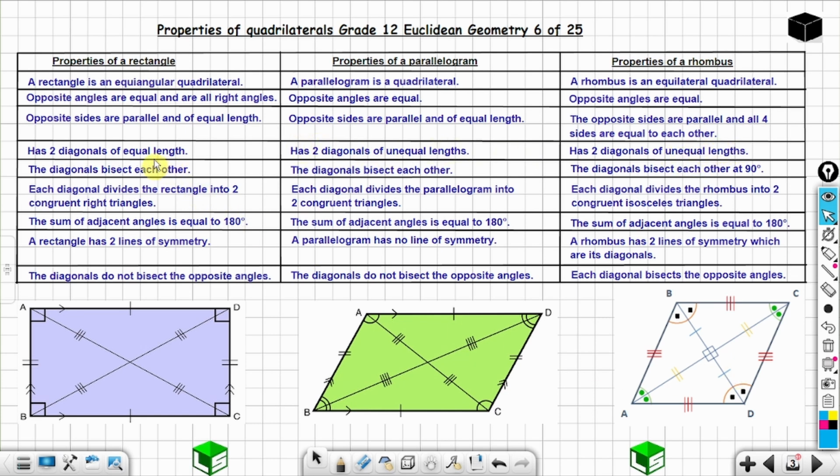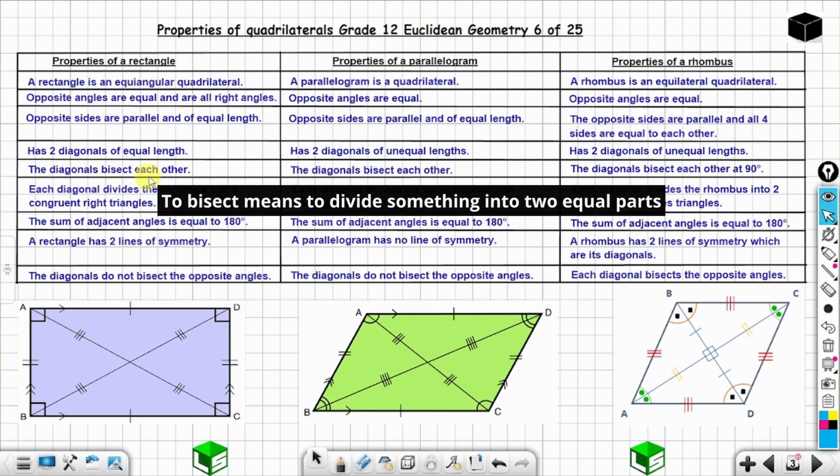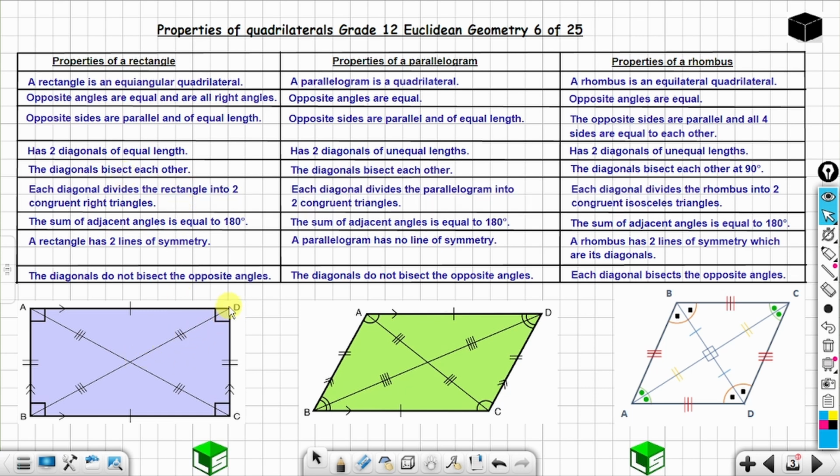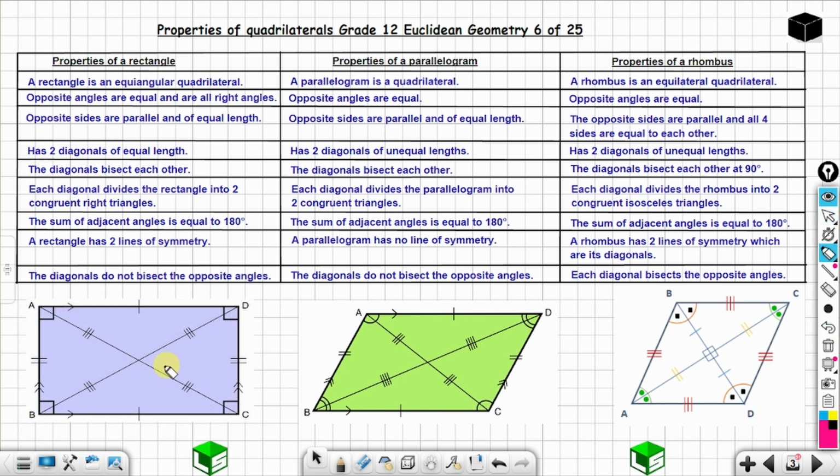Okay, let's carry on. For a rectangle, the diagonals bisect each other. To bisect means to divide into two equal parts. So this part is equal to this part. This part is also equal to this part. Let me get my highlighter.